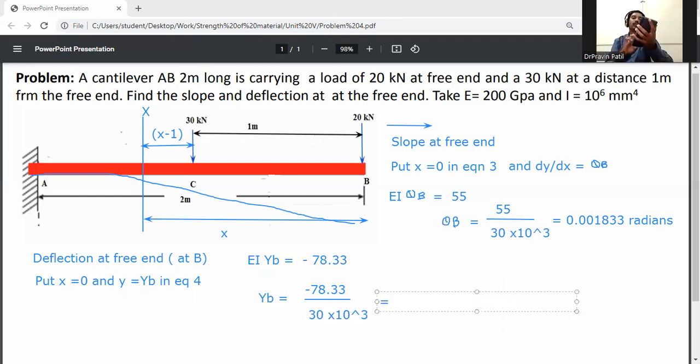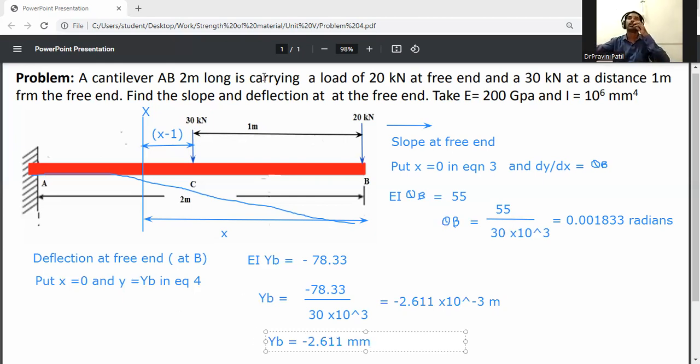So minus 78.33 divided by 30 into 10 to the power 3 will be minus 2.611 into 10 to the power minus 3 in meters. Converting to mm by multiplying by 1000, yb is minus 2.611 mm. So minus indicates the deflection is in the downward direction.